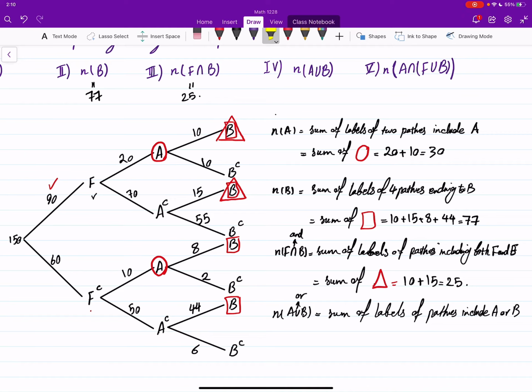Here, this one definitely has B. This path, and when I say this, I mean the path here going down to the root, has A, so it needs to be included, though it doesn't have B, because we are looking for A or B. So this one includes B, so let me just do all the B's.